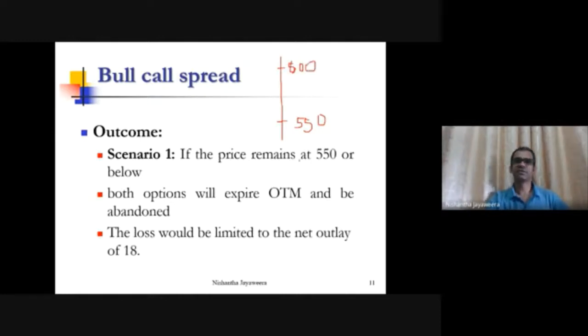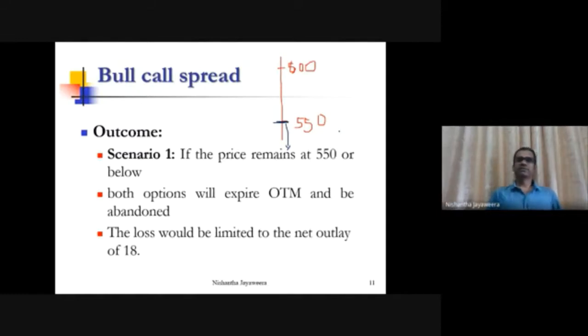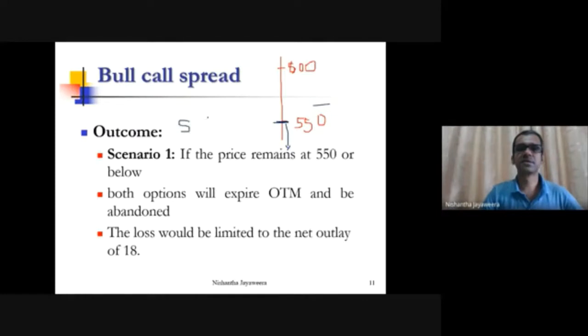Scenario 1, if the price remains at 550 or below, that means on the expiry date, price remains here or below that. What do you do? On the expiry date, spot price is less than or equal to 550.